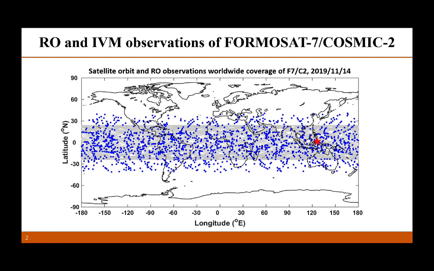The other is, based on the anomaly, we will be able to see the magnitude of the possible forthcoming earthquake. And the third is where it is. I'm going to show you, using the GPS TEC and also the available GIM TEC, we will be able to see the location.